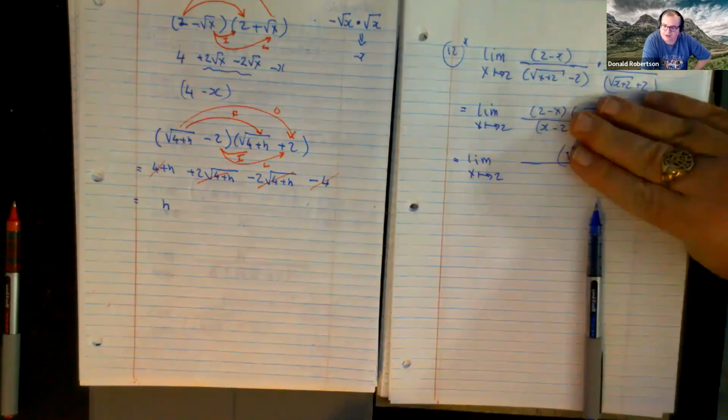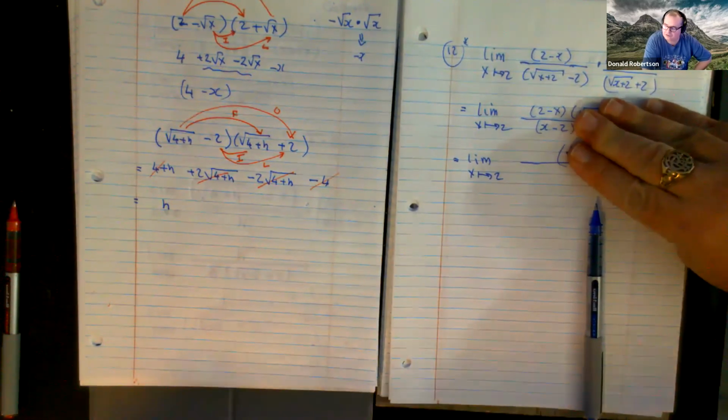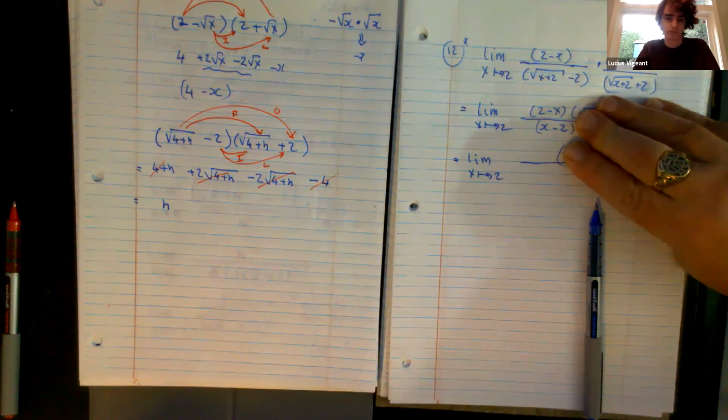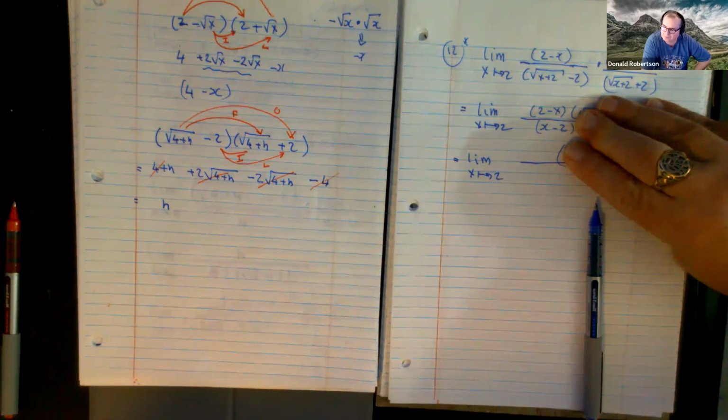I don't know when the last time you saw this was, but I know that you definitely did see it. You are allowed to cancel 2 minus x and x minus 2, right? They do cancel each other out. They don't leave behind a 1. What do they leave behind? If x minus 2 cancels 2 minus x, what do you get out? Typically you get 1, but not this time.